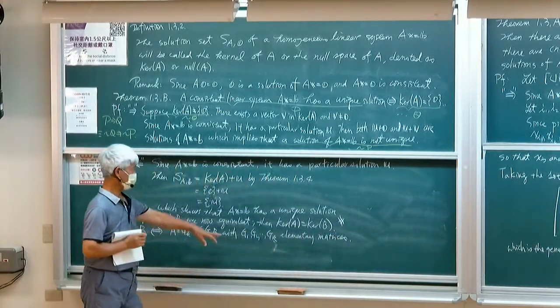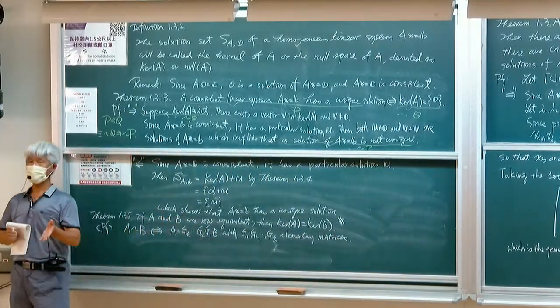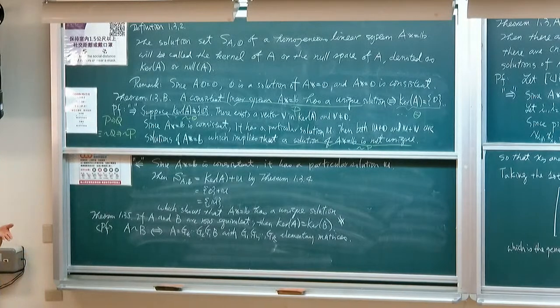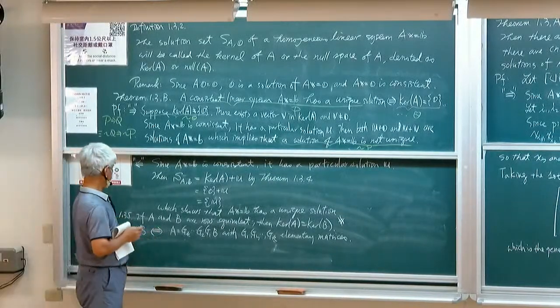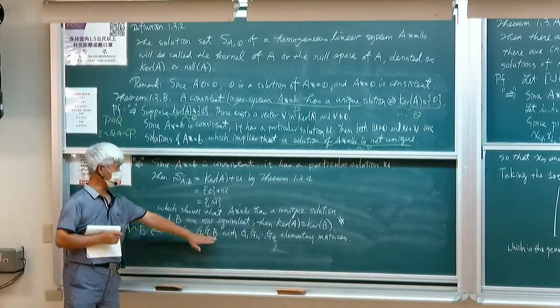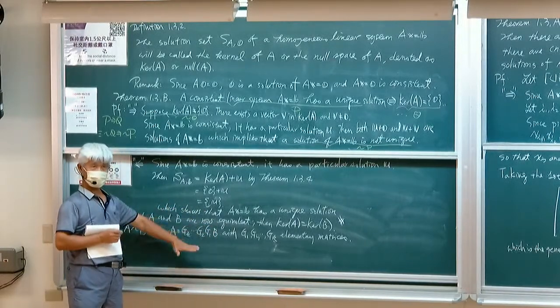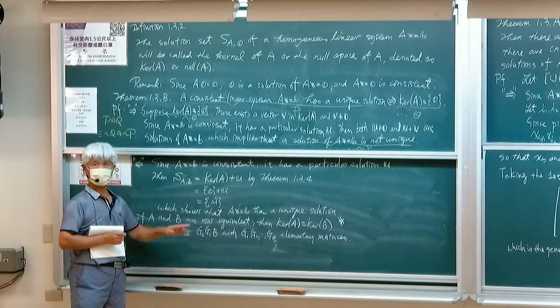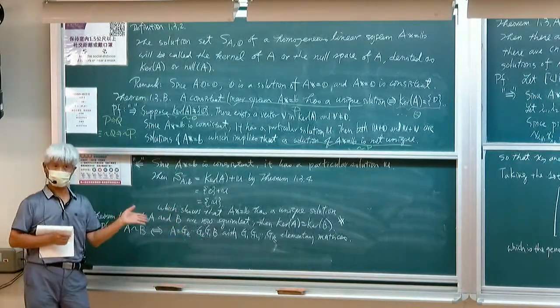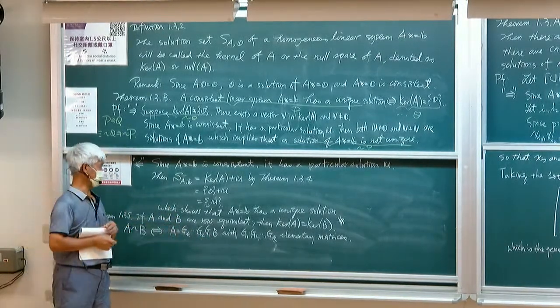Each elementary matrix corresponds to an elementary row operation, either replacement, scaling, or swap. So A can be obtained from B by doing elementary row operations on B, and that corresponds to multiplying by elementary matrices from the left.